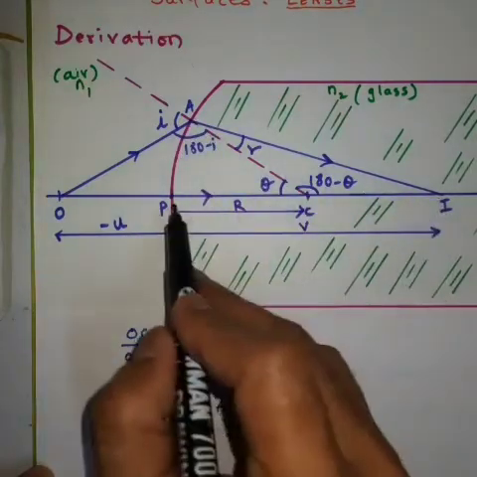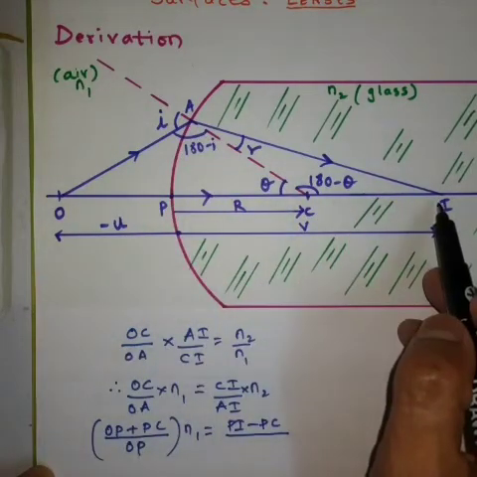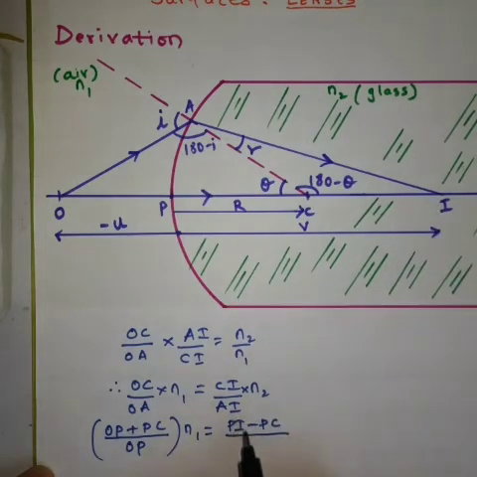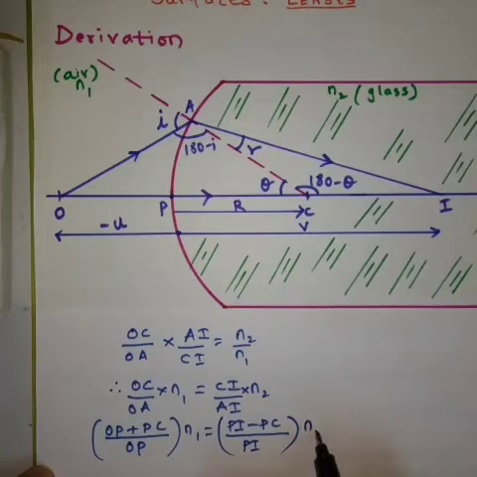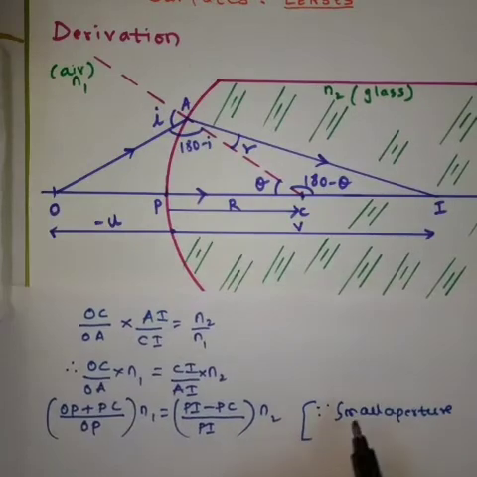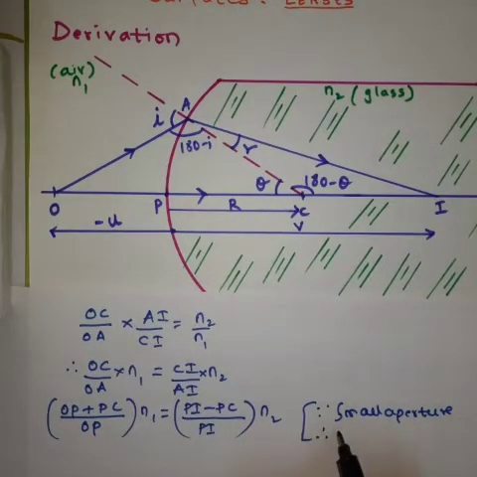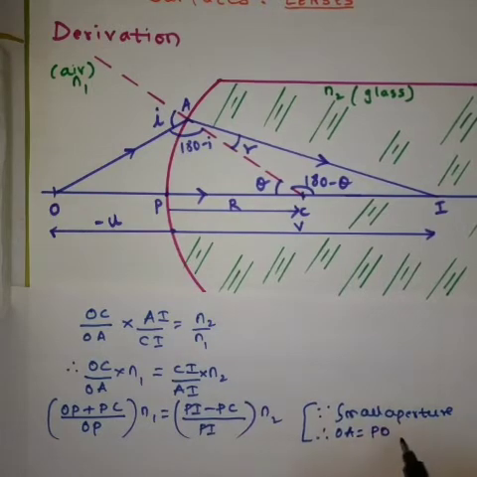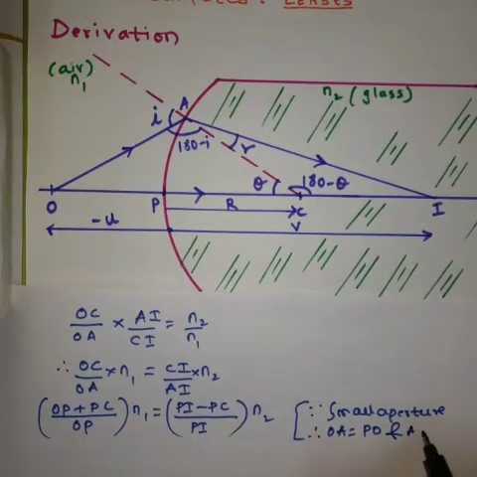Instead of AI, I can write PI. The reason will be small aperture. So this AI will be PI, into N2, and here we write the reason: since small aperture, therefore OA will be equal to PO and AI will be equal to PI.